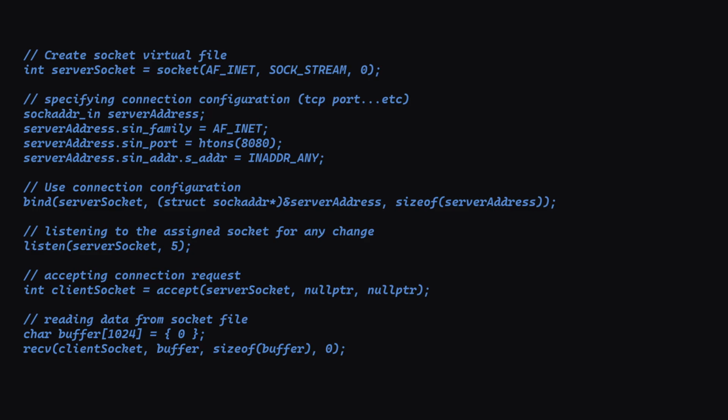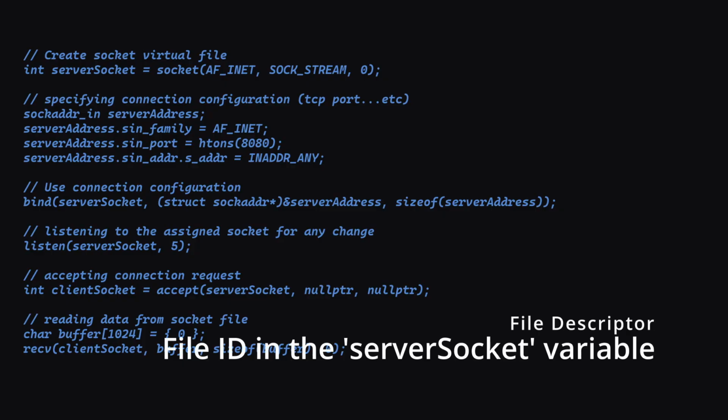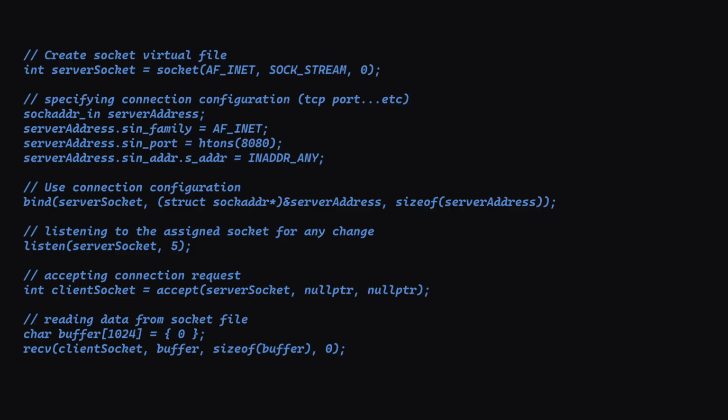However, this does not exist on the file system. It just stays in memory and is handled by the kernel. And oh yeah, they call the file ID a file descriptor. This is in the world of computer science, sadly. Keep in mind that different programming languages implement these a little bit differently, but don't worry much about it. Anyway, it's just a number, literally a positive number, any positive number.